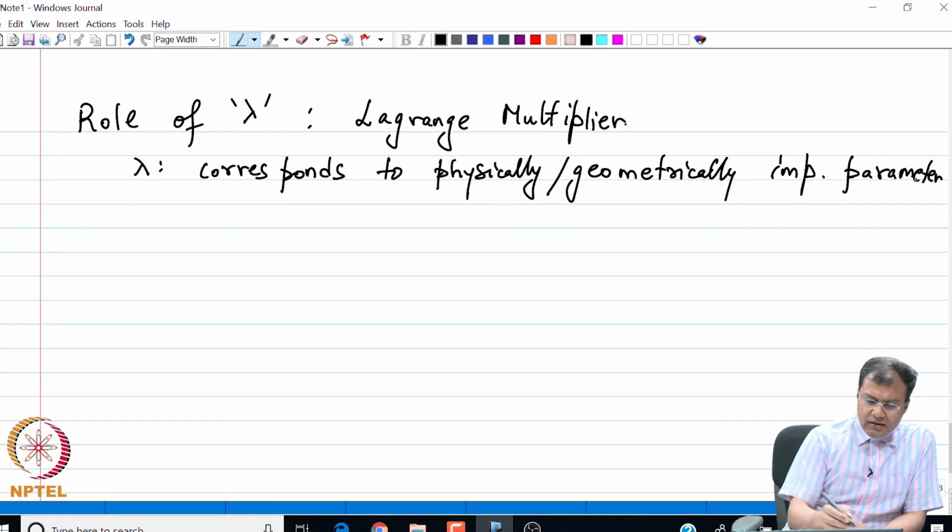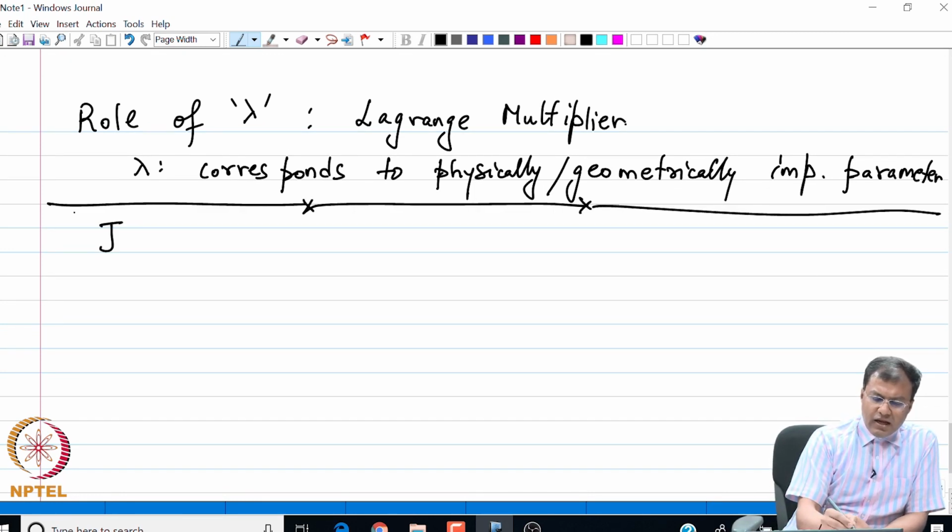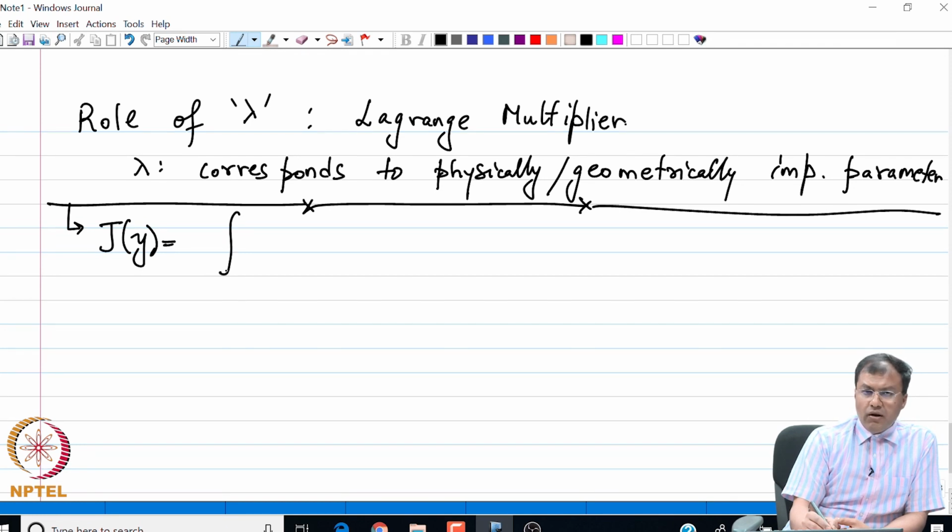So let us look at the functional again. Consider my functional J of y, where I am now including the isoperimetric constraint within this functional.